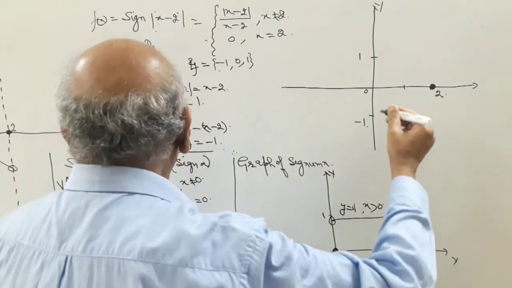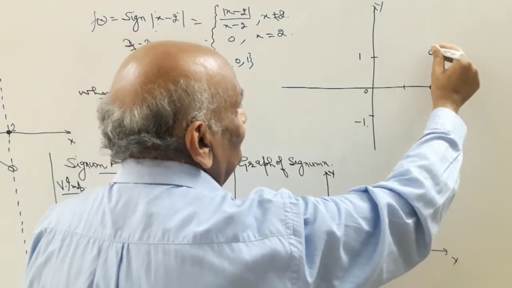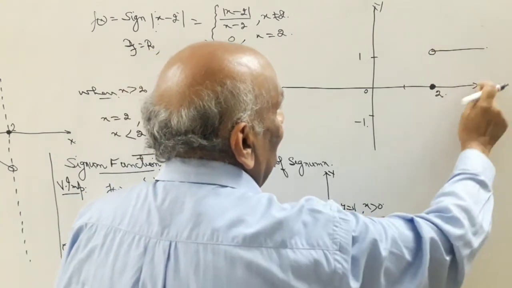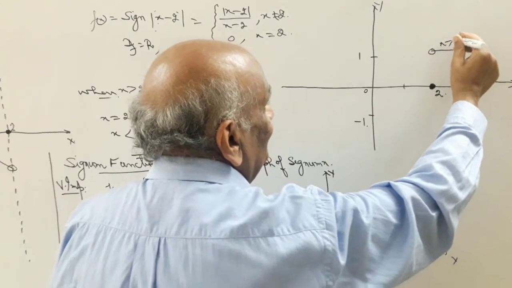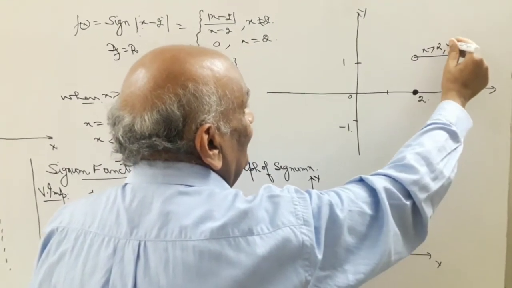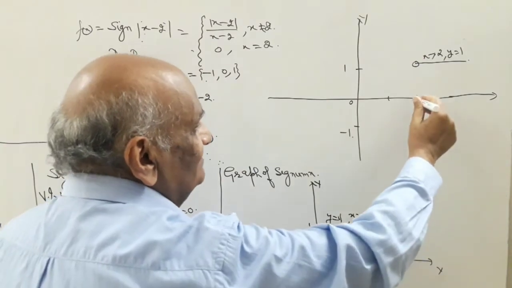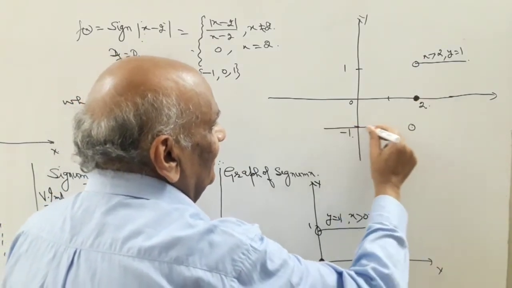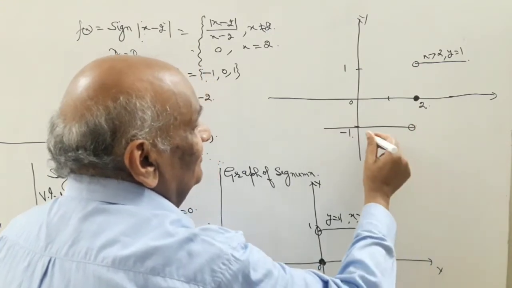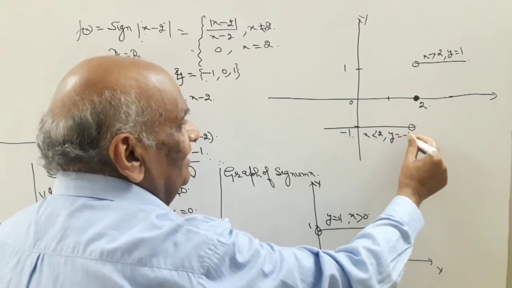When x is greater than 2, the graph goes like this. This is the y, x is greater than 2, y is equal to 1. And when you have x is less than 2, it goes like this. It is x is less than 2, y is equal to minus 1.